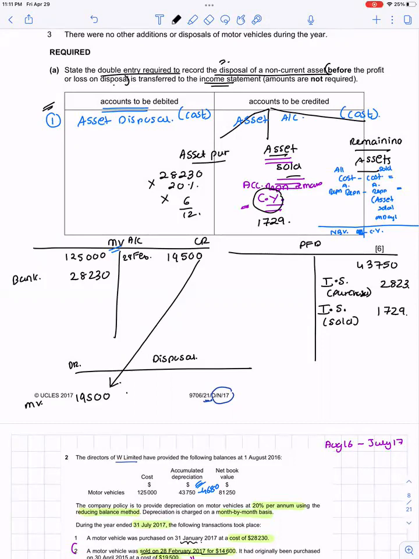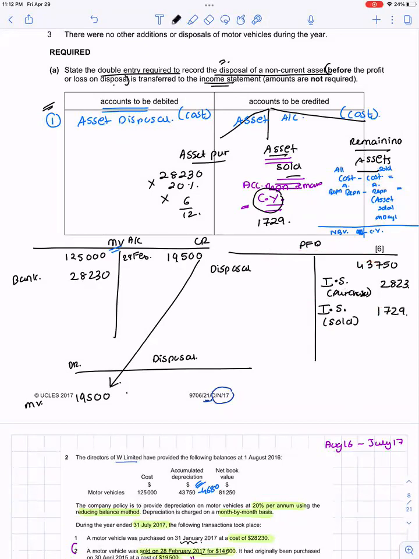Yes. Now dispose of it here. In the income statement I'll put it for the current year only. From here I will have to dispose of everything that is related to the asset sold.